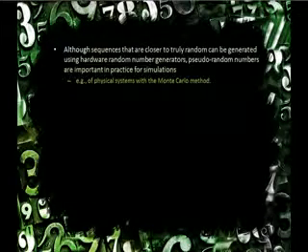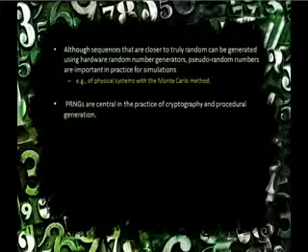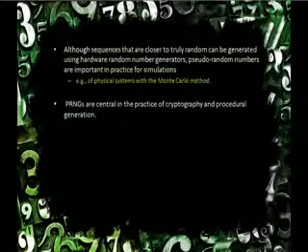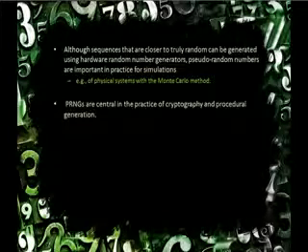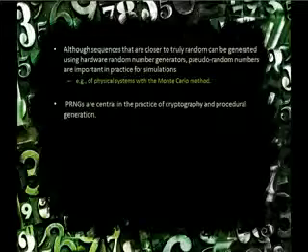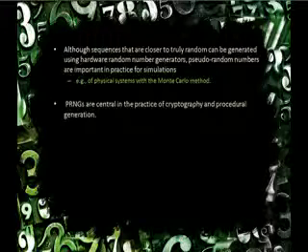Although sequences that are closer to truly random numbers can be generated using hardware random number generators, pseudo-random numbers are important in practice for simulations, for example, of physical systems with the Monte Carlo method, and are central in the practice of cryptography and procedural generation.